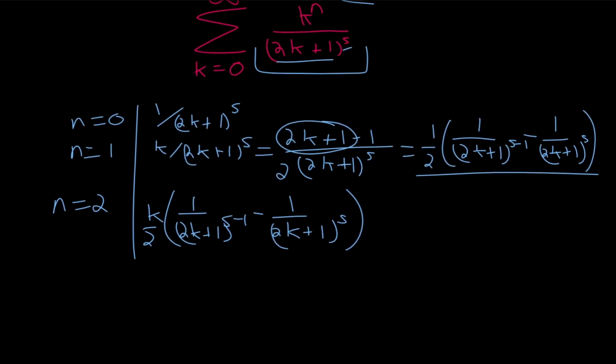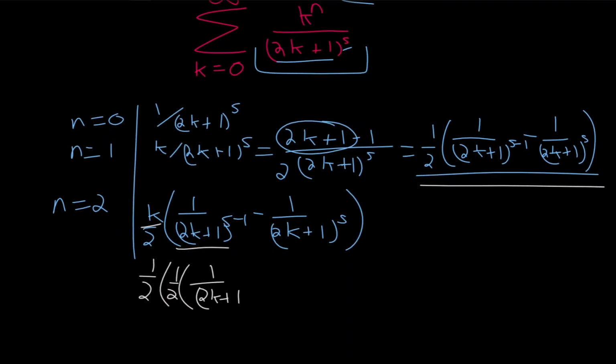Let's split these terms up further because we have this k and we have this right here. And we know that if we have a k over (2k plus 1) to some s, it doesn't really matter if that's an s or s minus 1, we're just going to get this formula right here. So let's evaluate that. With the first term, we're going to have 1/2 out front, obviously. And then we're going to have 1 over (2k plus 1) to the s minus 2, because we're considering this s minus 1 term, so all the s's are just going to be minus 1.